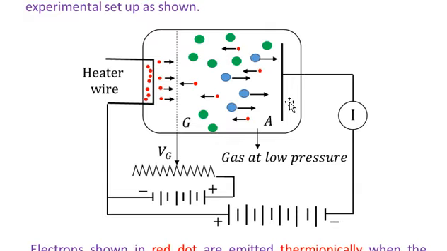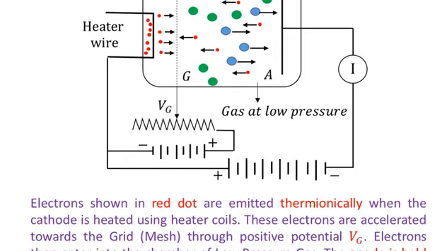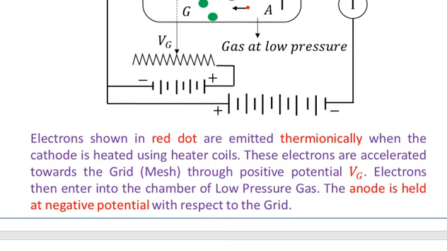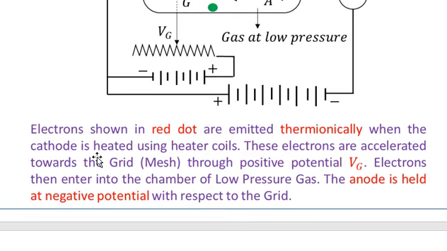That is why the electrons will be pushed away from the anode, and will be pushed towards the grid G. So let me now read some theoretical aspects of this experimental description.